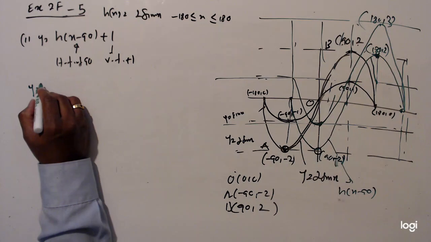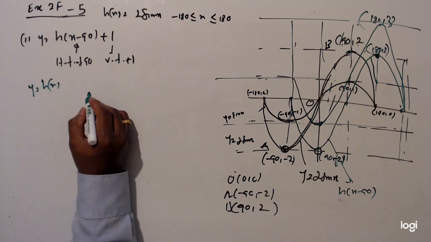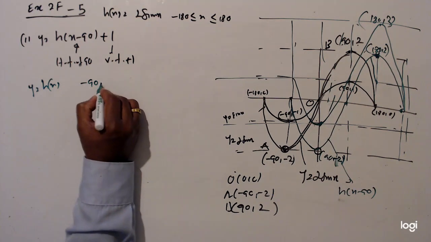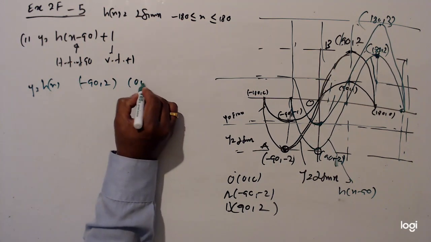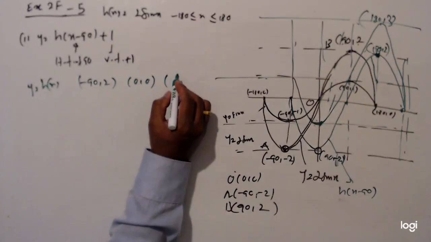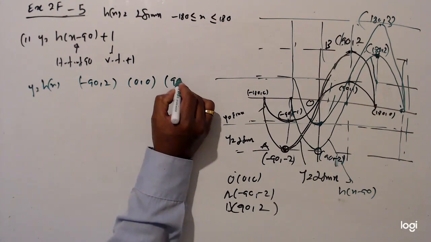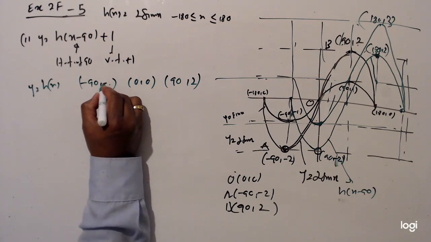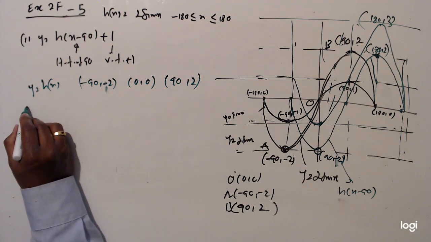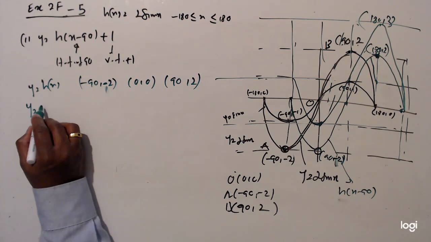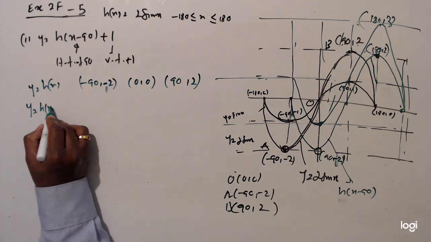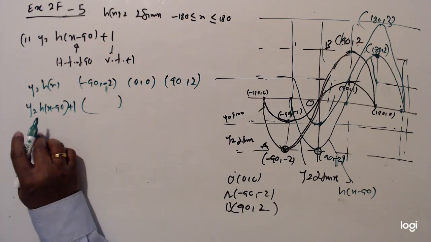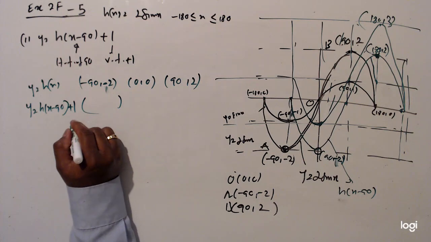Likewise, y equal h(x). We have minus 90, minus 2, 0, 0, and 90, 2, and 90, minus 2. Then y equal h(x minus 90) plus 1. So shifted 90 right and up 1.